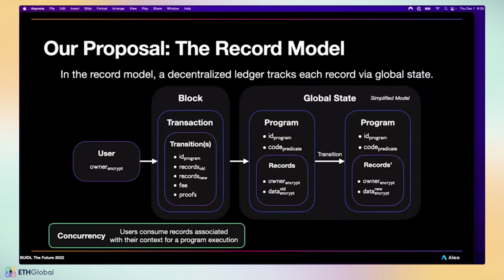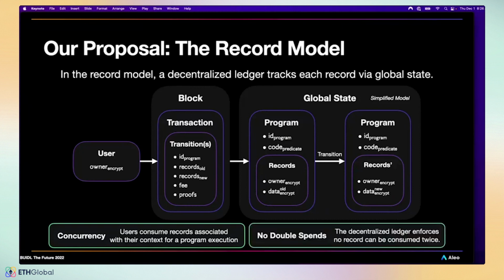So what does this give us? Here we have concurrency. Because application state is sharded for each user's context, a user only needs to operate on their own context, the records that are associated with their component of the application state for program execution. You also don't have double spends, and this is because the ledger can enforce that no record can be consumed twice.